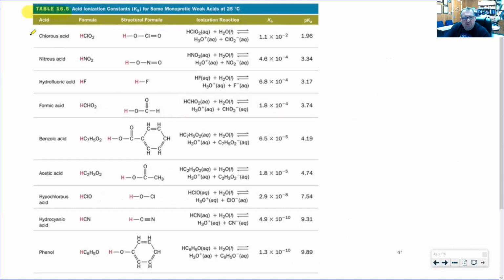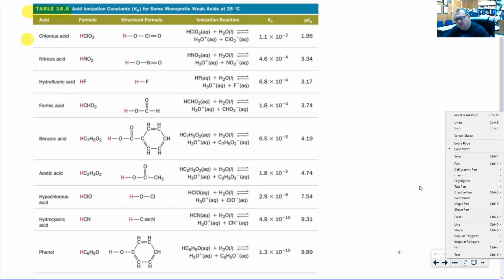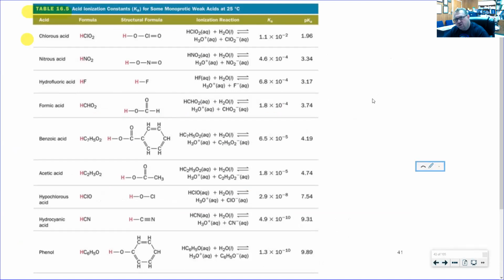All right, so here's table 16.5. Again, this is a partial list of some of the more common weak acids, and we can see how the magnitudes of the Kas vary. When we describe these acid dissociation constants, frequently we will describe them with a P function. A P function just means the negative log of something.